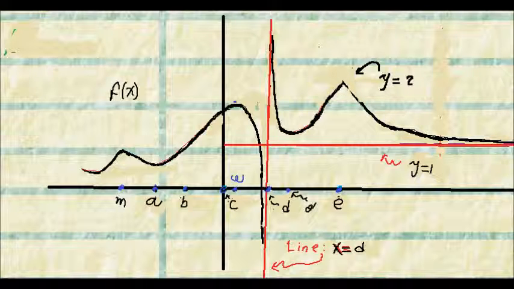Okay, so this sharp peak occurs right over the x value e. Okay, so everything is quite smooth. This is not a sharp peak here.